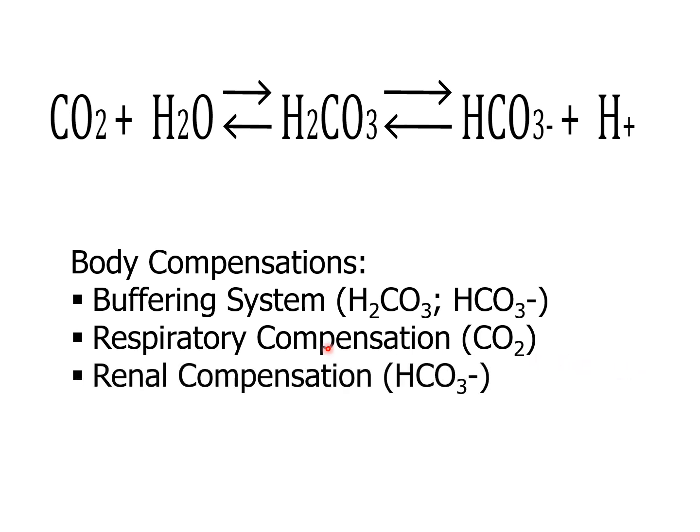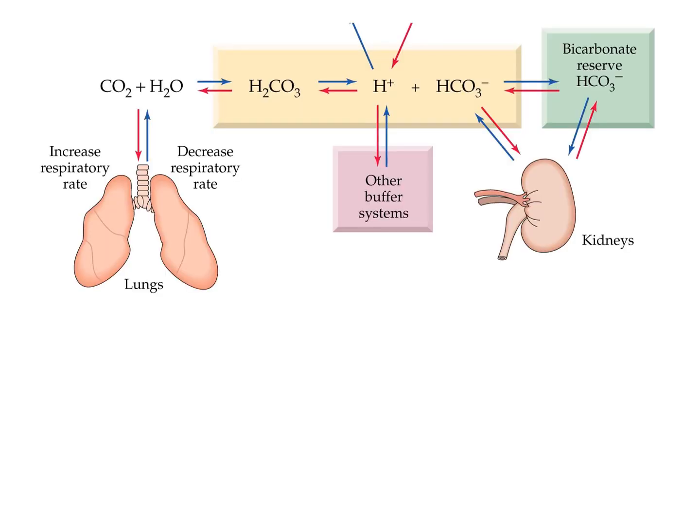We also have the renal compensatory mechanism, which is through the bicarbonate. The kidney will work by regulating the bicarbonate in the body. When we compare respiratory compensation and renal compensation, the respiratory compensation works faster compared to the renal compensation.